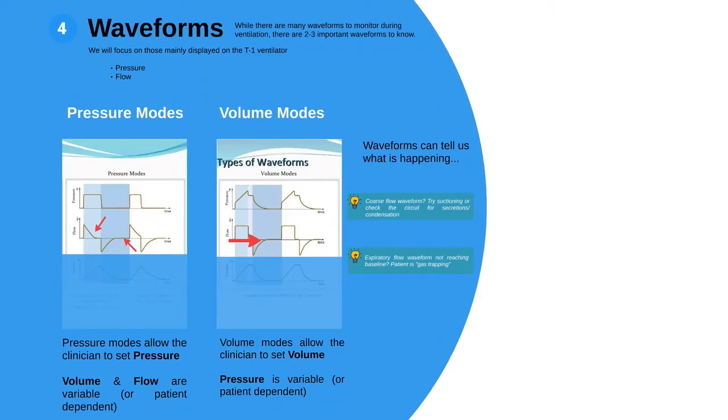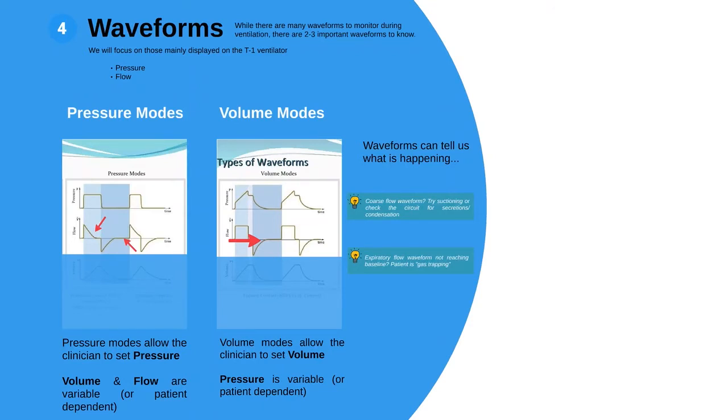So for instance, if you have a COPD patient who is gas trapping, you find that in the flow waveform, we say they are not coming back to baseline. So on the expiratory phase, which is where the arrow is pointing to on the right picture, you are finding that it won't be coming back to the 0 point, in which case we say you're gas trapping.